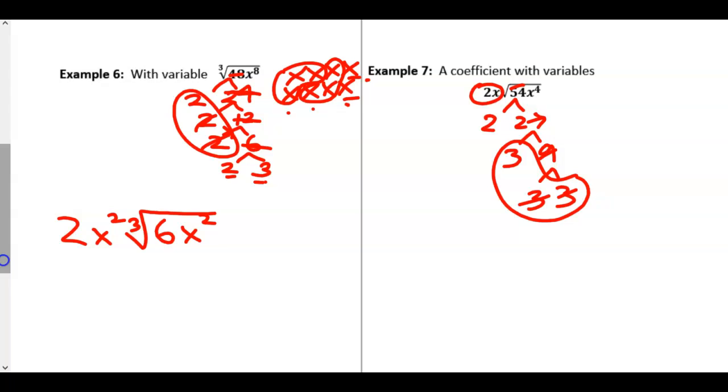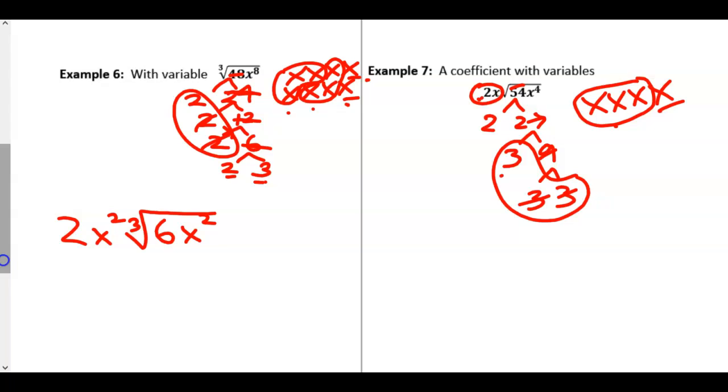Now, that means I have a 3 going out. What's already out? 2. Okay? Now, what about x to the 4th? How many groups of 3 do you see? 1 group of 3 and 1 loner, right? Okay, so what's going out? It's the 3 and the x, and already outside is 2 and an x.